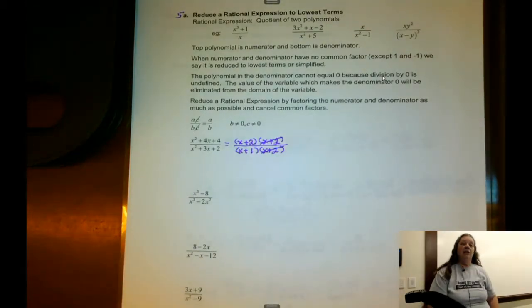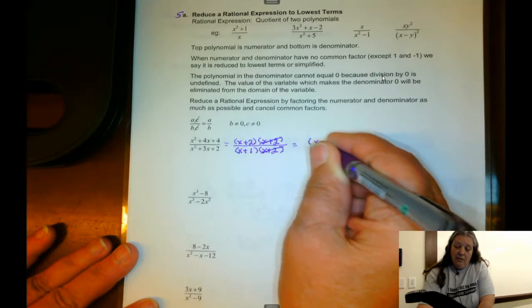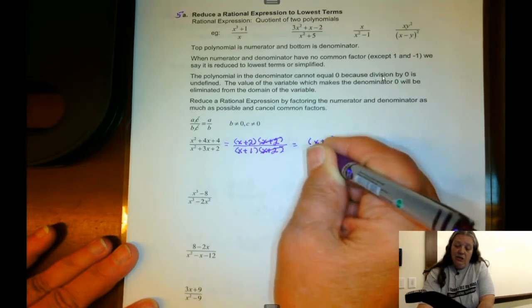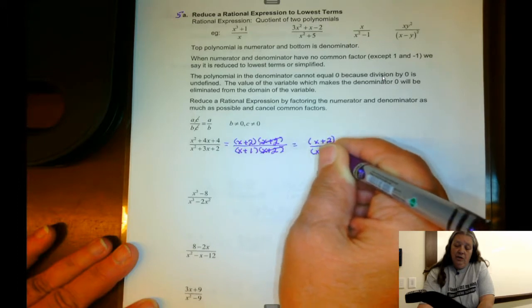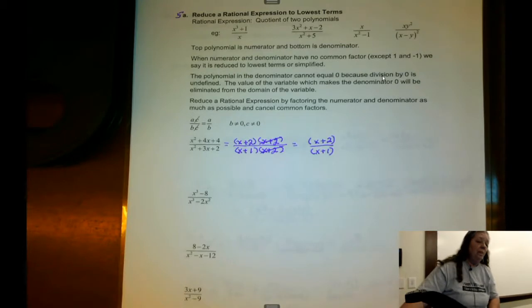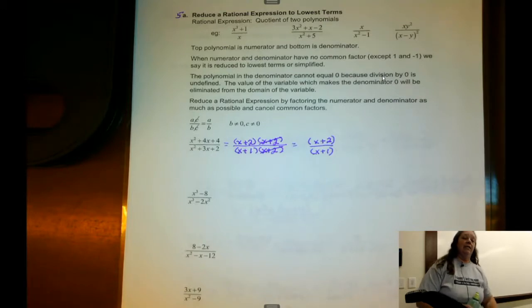We cancel the x plus 2 from the numerator and the x plus 2 in the denominator, which means our simplified form is the binomial x plus 2 over the binomial x plus 1. I leave it in parentheses to remind me that I can't do any more canceling unless I cancel the whole binomial.